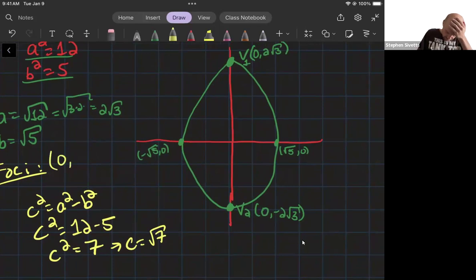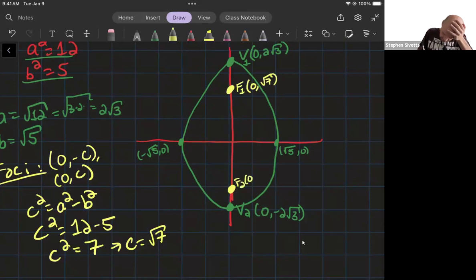So 0, minus C and then 0, C. So root 7 is right here and then right here, right? So one of the foci is 0, root 7, and the other foci is 0, minus root 7, okay?